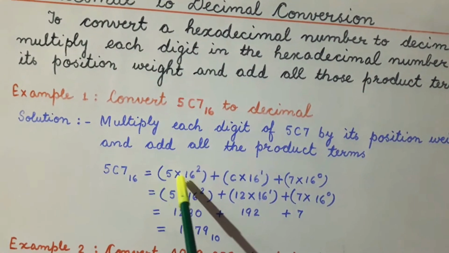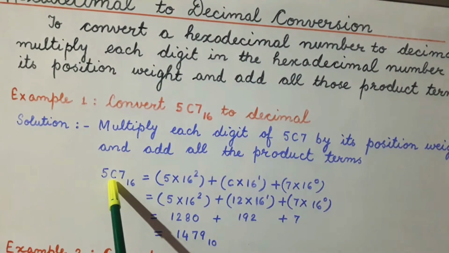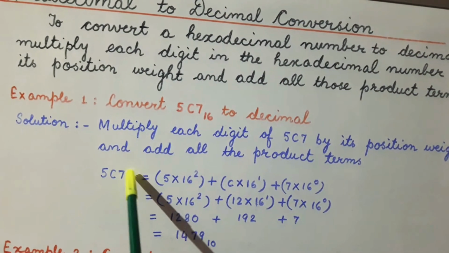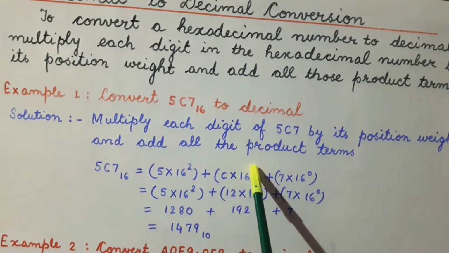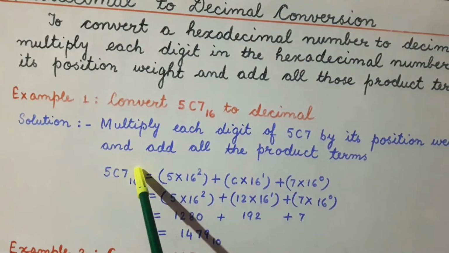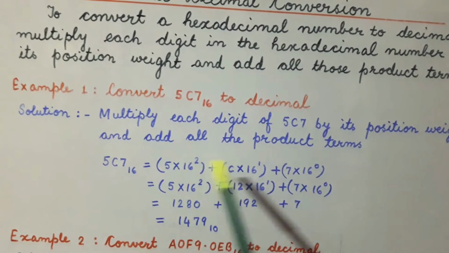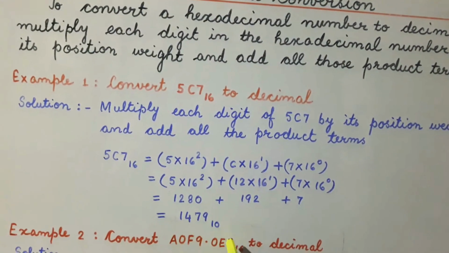So we have multiplied 5 into 16 to the power 2 plus the next digit C, and since there is only one digit after C, the power of 16 will be 1. Similarly, we will add 7. Since there are no digits after 7, the power of 16 will be 0. In this way, we will add all these terms and we will get the answer.